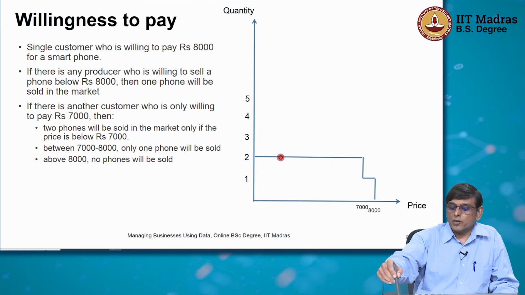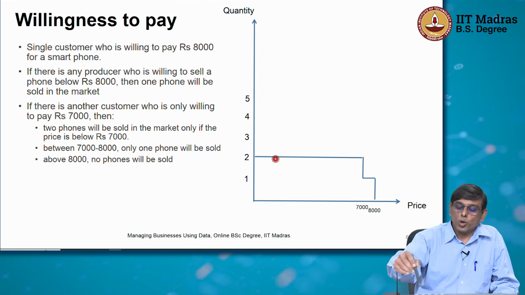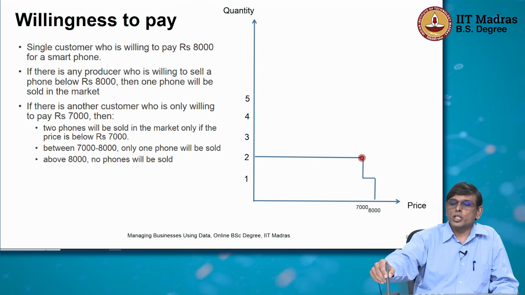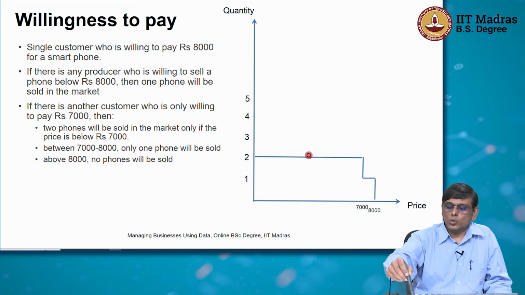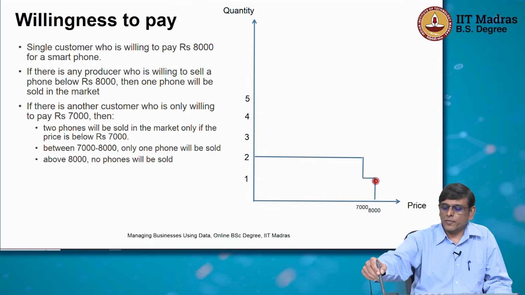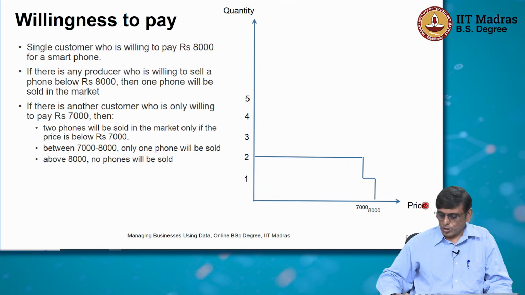If your price is less than 7,000 rupees, both customers are going to buy, so you get 2 units sold. If it is between 7,000 and 8,000 rupees, only the first customer is going to buy, because that person is willing to pay up to 8,000 rupees. Above 8,000, nobody buys. So the function looks like this: 2 up to 7,000, 1 from 7,000 to 8,000, 0 from 8,000.